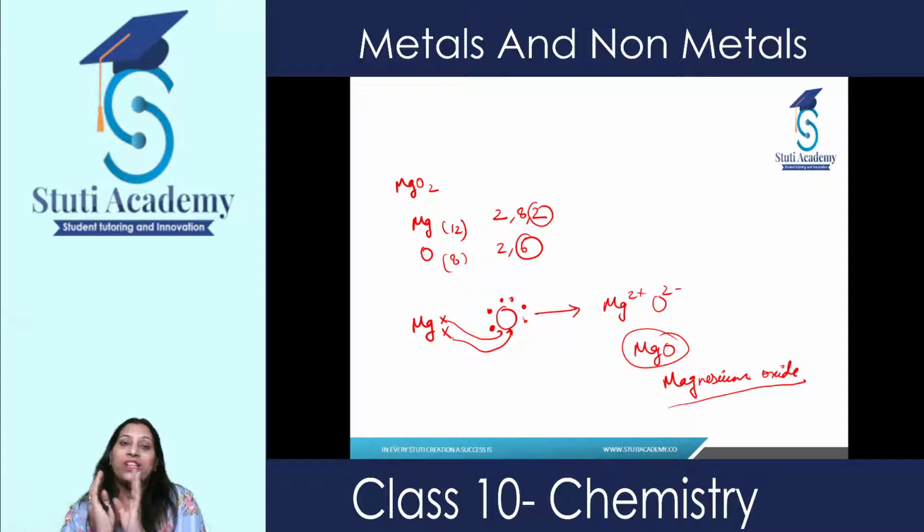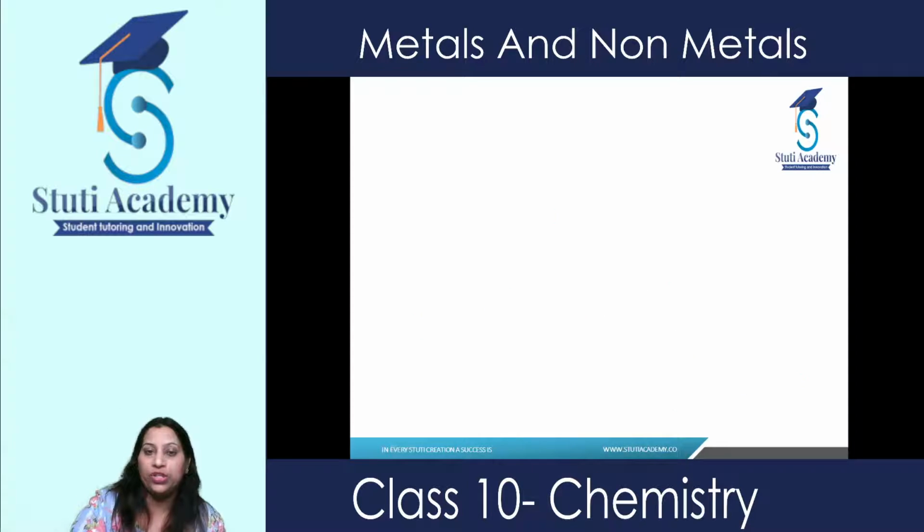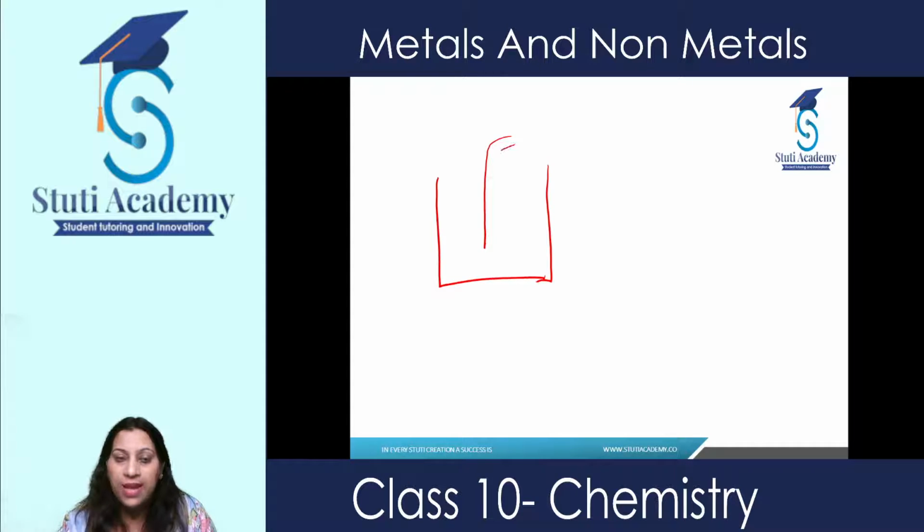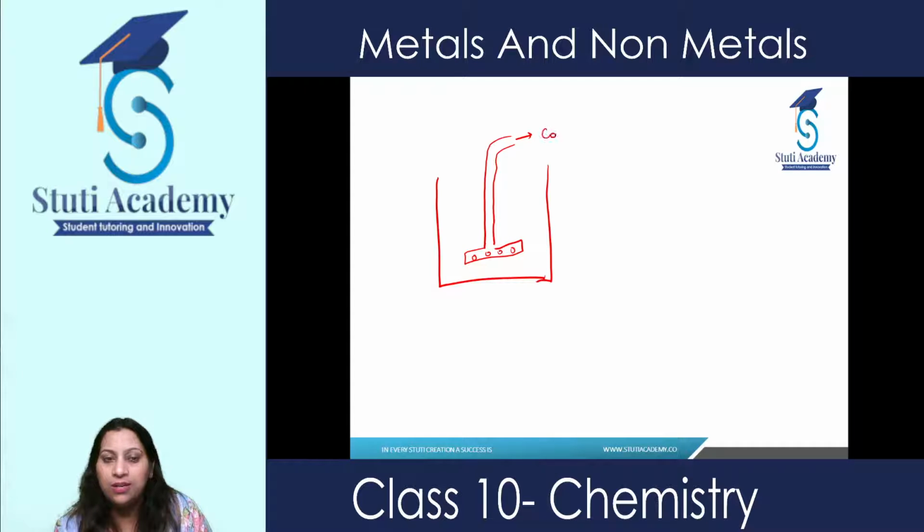Then you have to explain the entire process of froth flotation. So in the flotation process, you'll need to draw this diagram in which we use this agitator which has some holes in it.